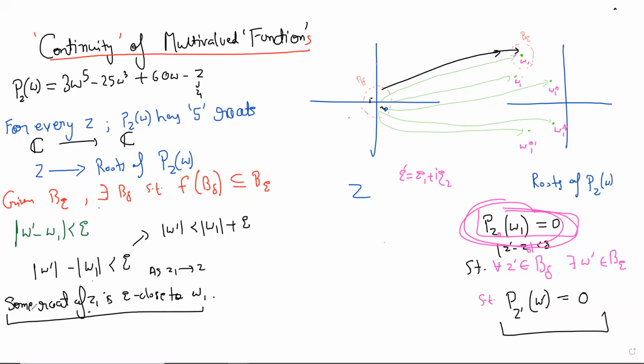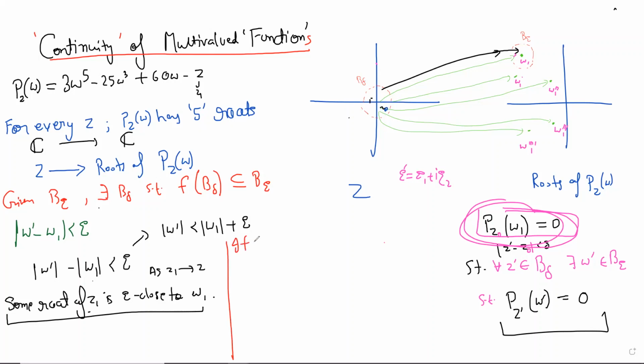So what I'm saying is that if you extrapolate from it, we're trying to show that you can take epsilon. As Z1 goes close to Z naught, some root will move close to W1, right? But let's keep it simple. Let's try to explore this.